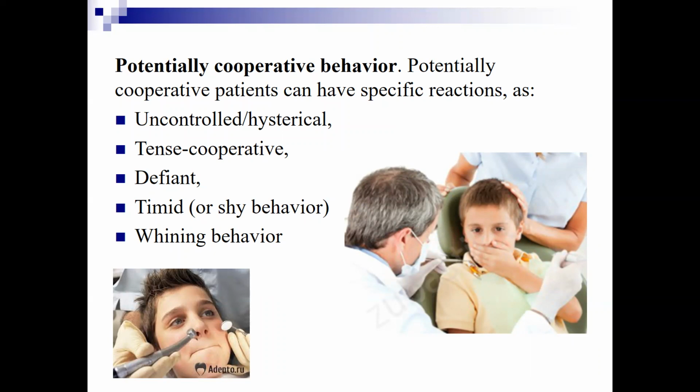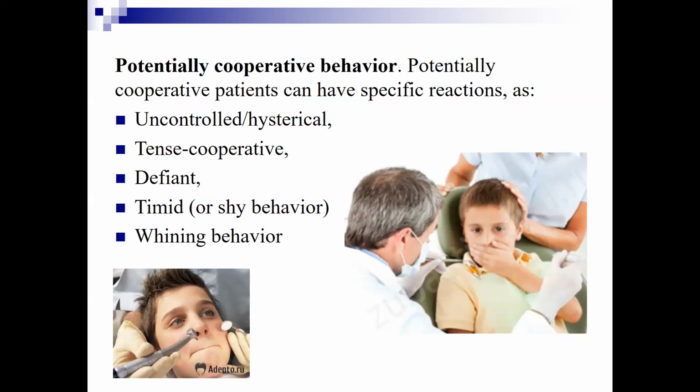timidity, or whining behavior. This type of behavior, potentially cooperative behavior, differs from that of children lacking cooperative ability because these children have the capability to perform cooperatively. This is an important distinction.